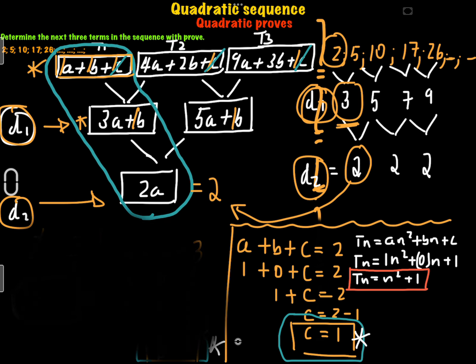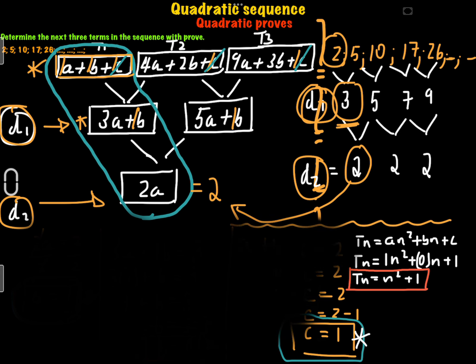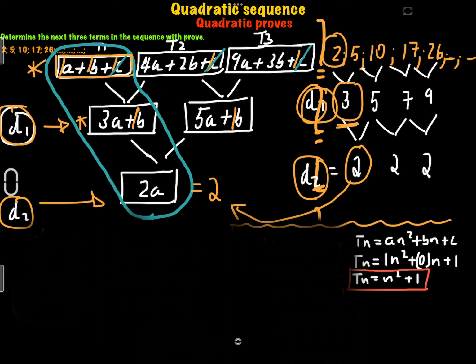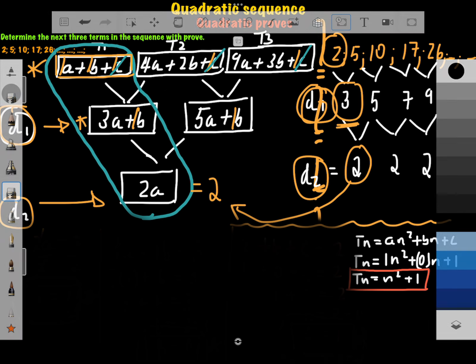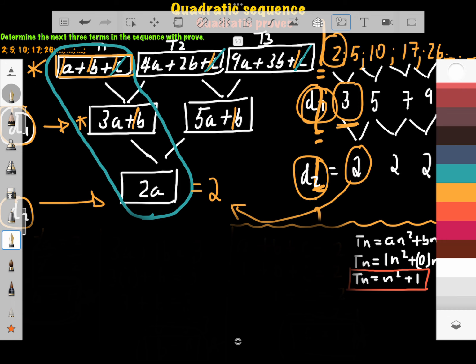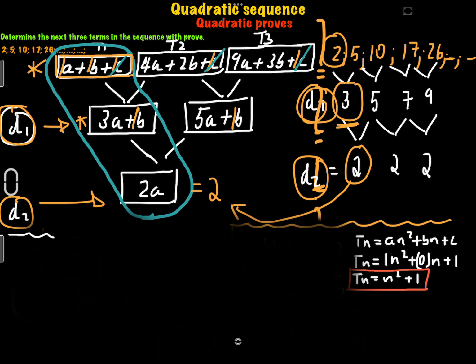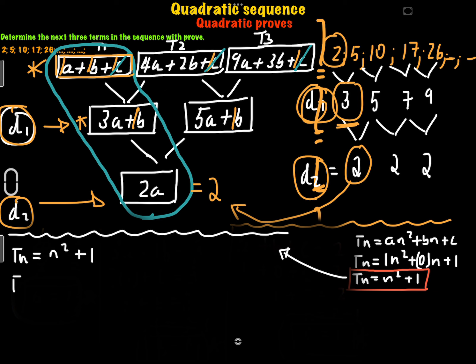Now in this case, I just get a space here so that I am able to carry out the calculations. Remember, we found the general formula Tn is equal to n squared plus 1. So let's see what happens.